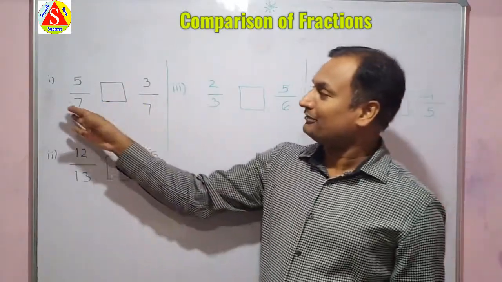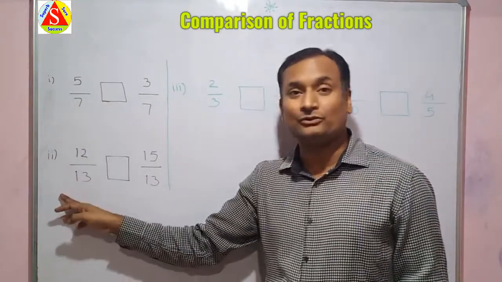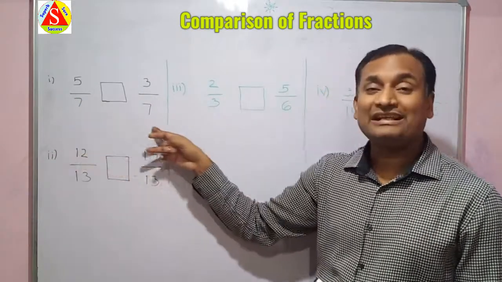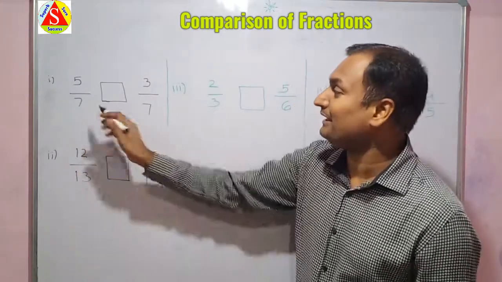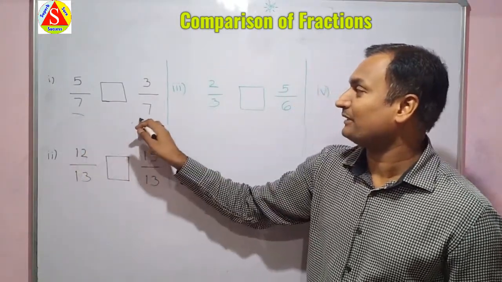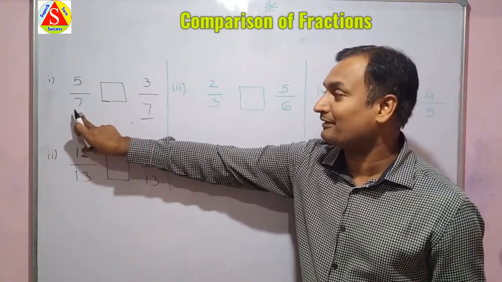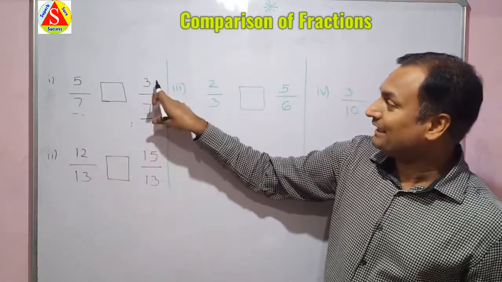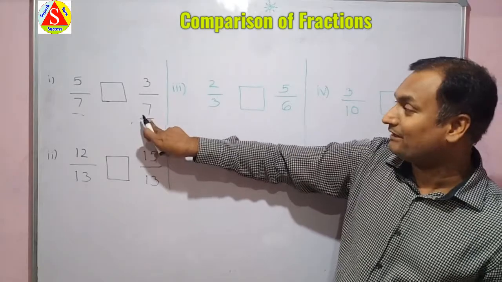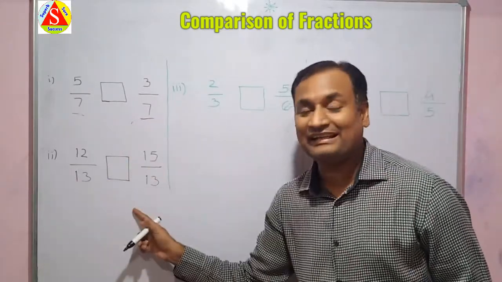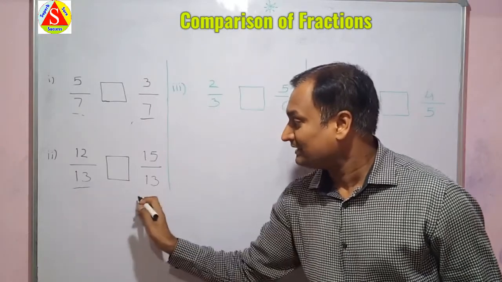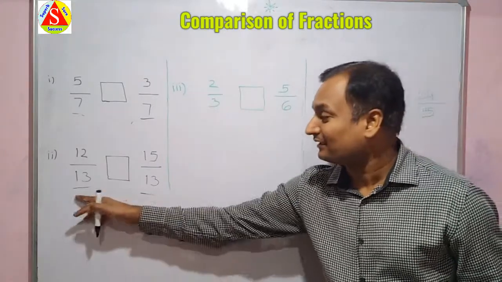If you see example 1 and 2, we can notice that in both examples the denominator terms are the same. Here in 5 by 7, 7 is the denominator. Again in 3 by 7, 7 is the denominator. Similarly in the second example we have the same denominator, that is 13.